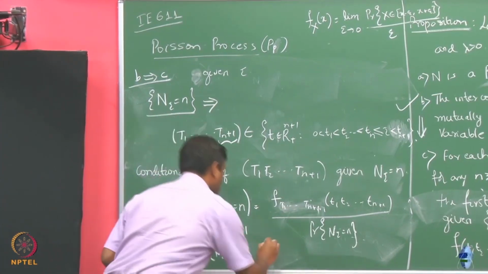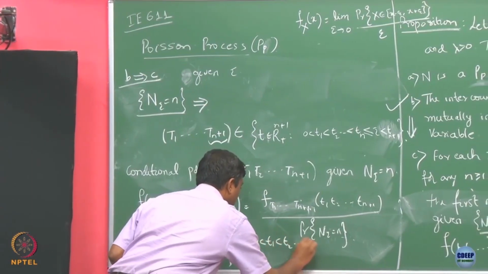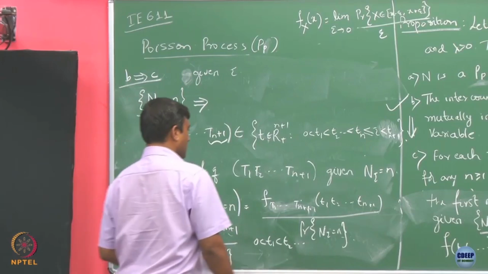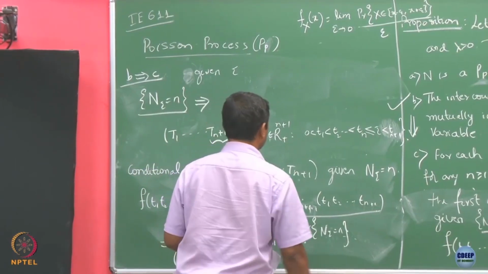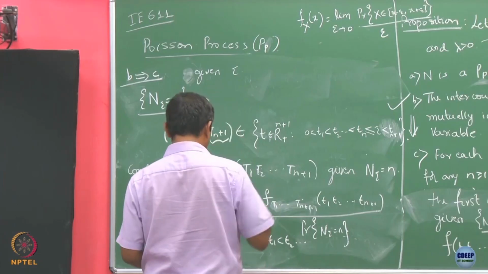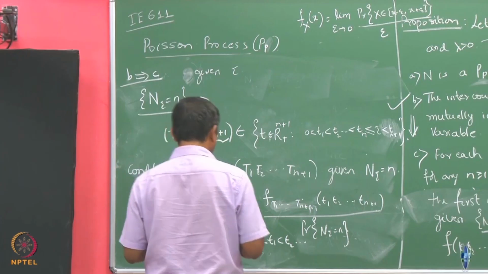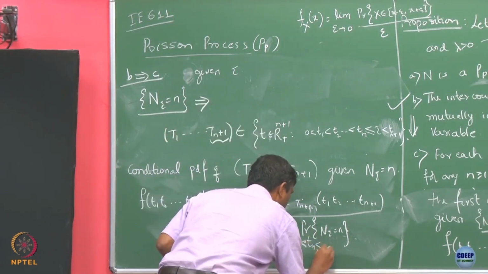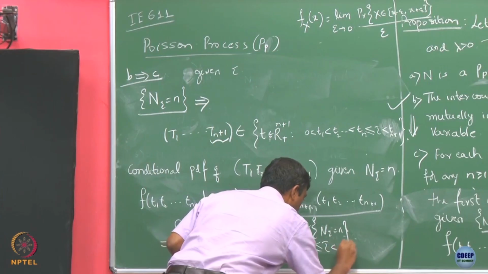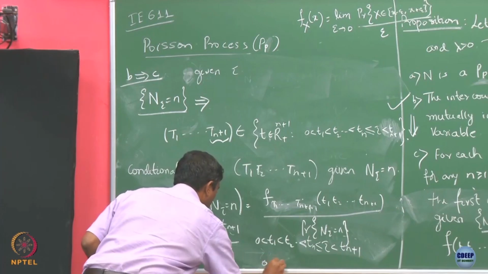And this is for the case where T1 is less than T2 up to Tn, and this is equal to tau, and this is equal to Tn plus 1 here, and this is going to be 0 otherwise.